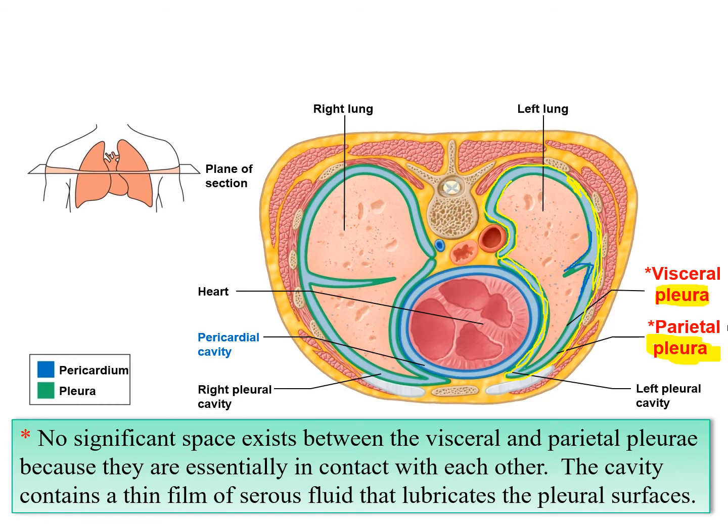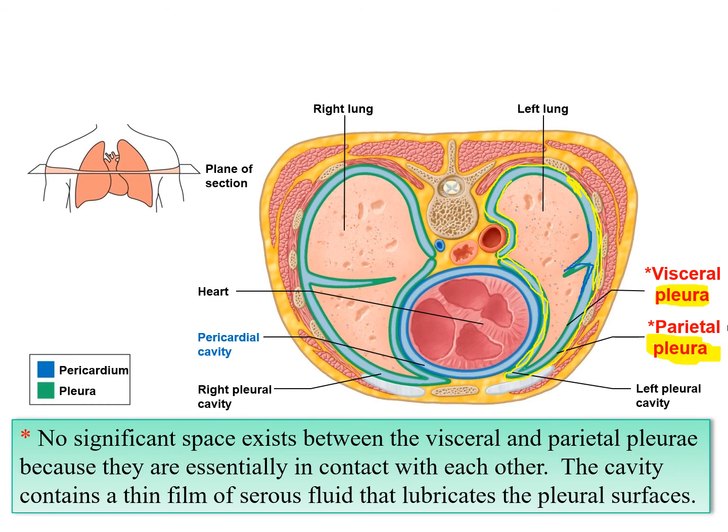And as we said, between the two membranes is this pleural cavity. And within the pleural cavity is a fluid, a serous fluid, that's secreted actually by these membranes to keep this a friction-free environment.